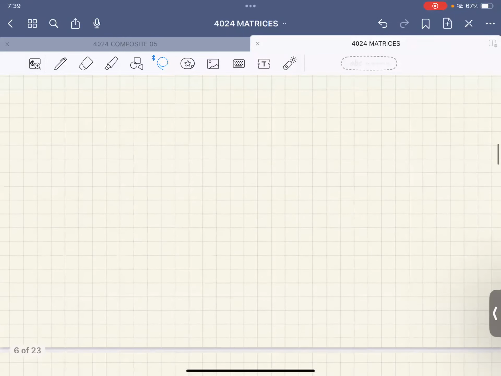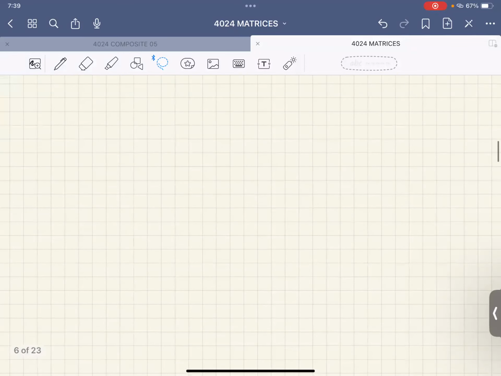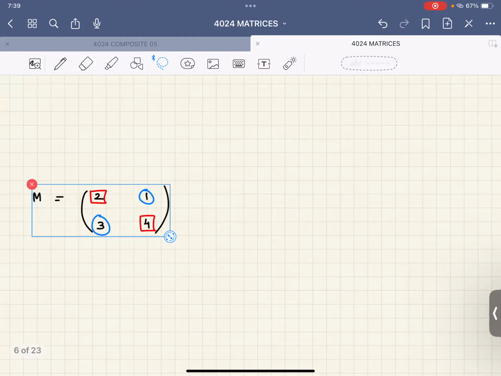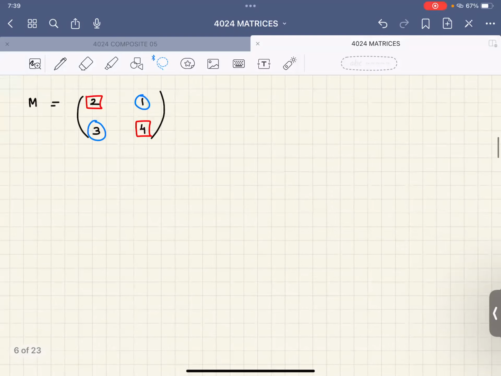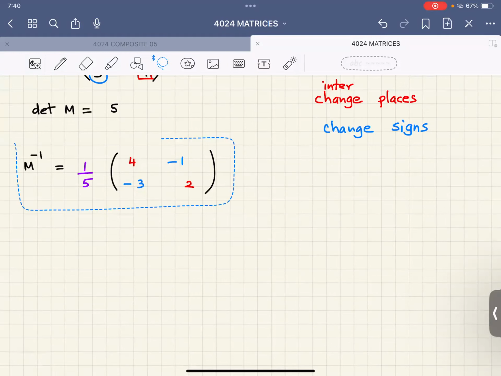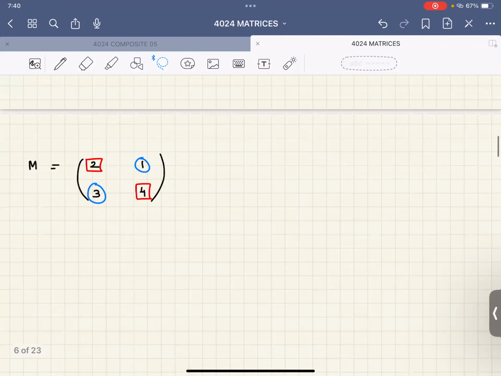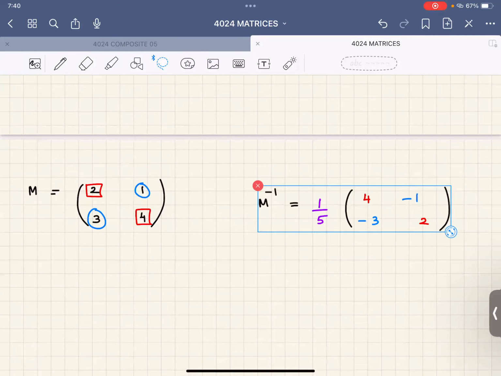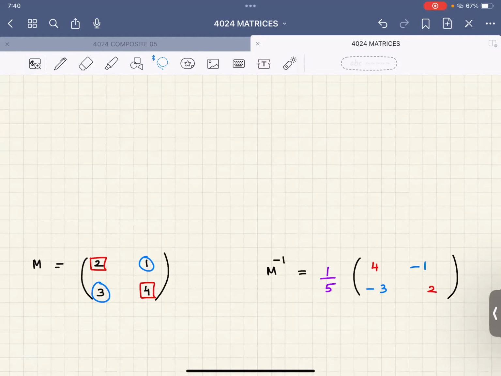So maybe the middle of this page is perfect. Okay, this is good. And let me just think, that's M inverse. And let me write it over here.